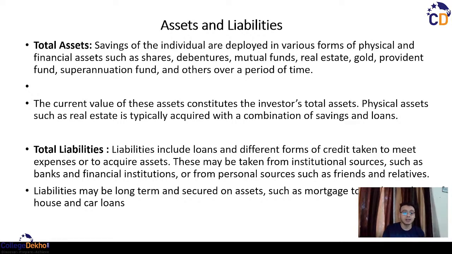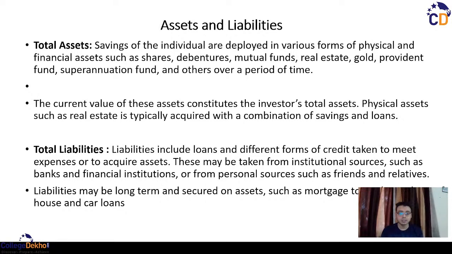Physical assets such as real estate are typically acquired with a combination of savings and loans, because they cost you like 5 crore, 4 crore, 3 crore rupees for a 2 BHK or 3 BHK, right? So for that amount, you must have a sufficient corpus, either through savings or loans. Then total liabilities. Liabilities include loans and different forms of credit taken to meet expenses or to acquire assets.